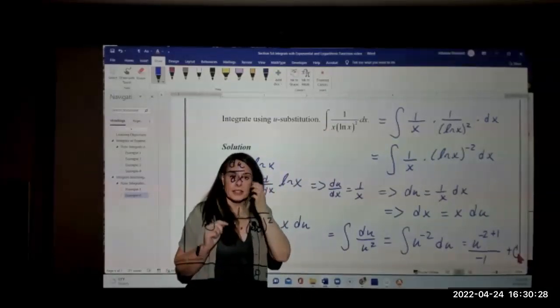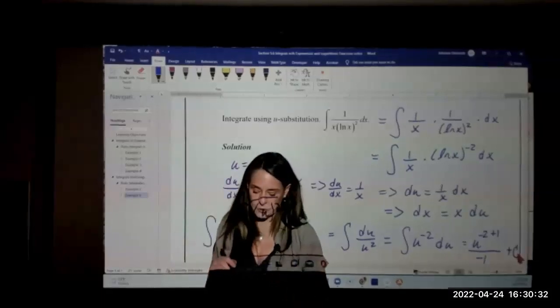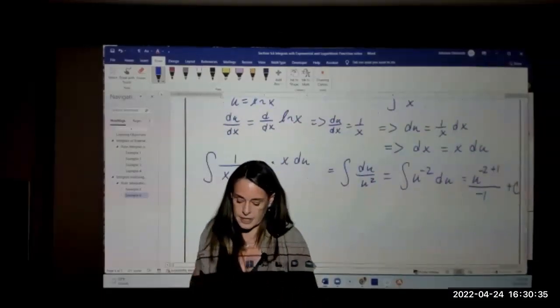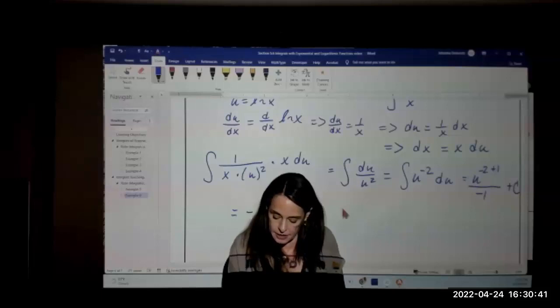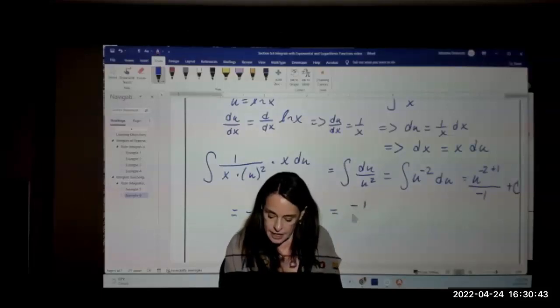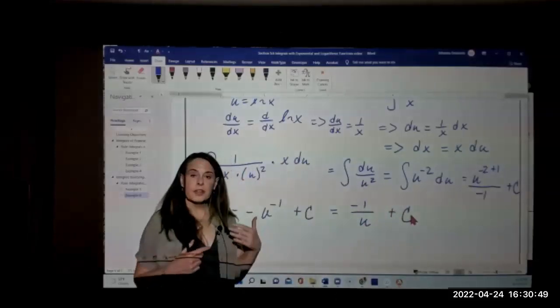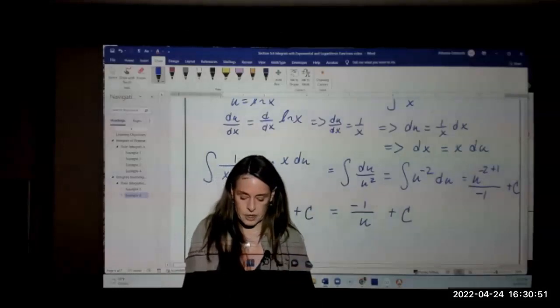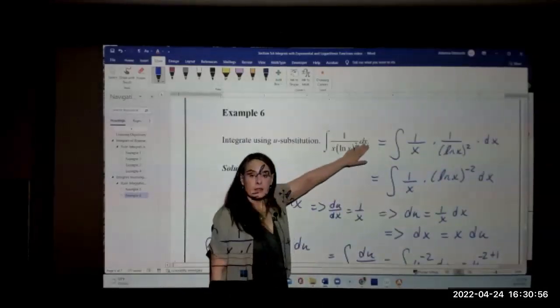Don't forget the constant of integration. It's a very important part of the antiderivative function. This then becomes negative u to the -1 plus c. I can also write this as -1 divided by u plus c. Now I need to back substitute because the original integral, what we can see up here, had the variable x, noted because the differential is dx.